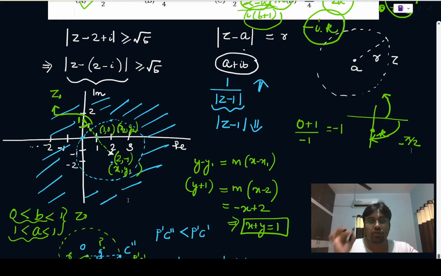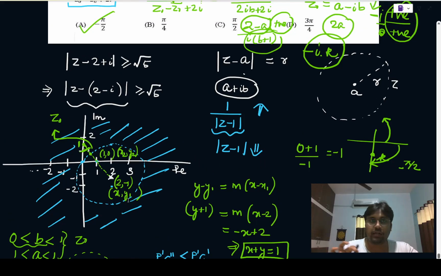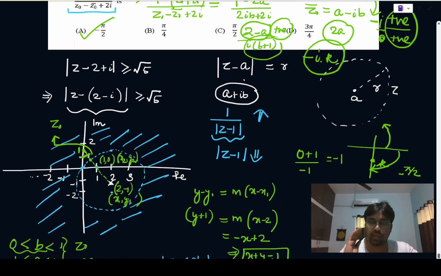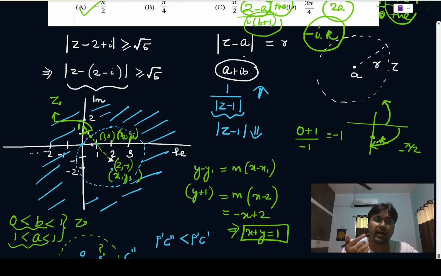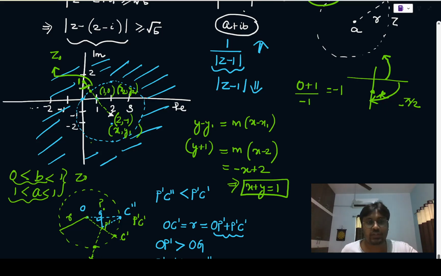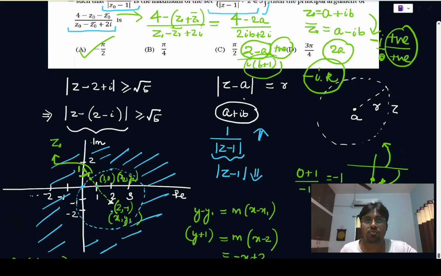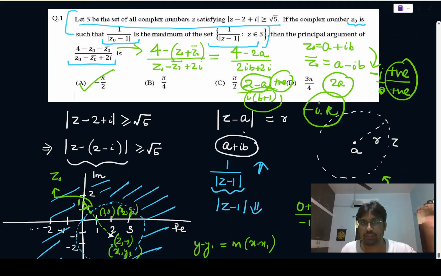And then instead of completely finding z naught and doing all the hectic math, we apply some common sense, which is that this point of intersection will be such that the real part and the imaginary part, both for z naught, will lie between 0 and 1. Once that is known, we start simplifying the given expression to get 4 minus 2 times the real part divided by 2 iota times (b plus 1).